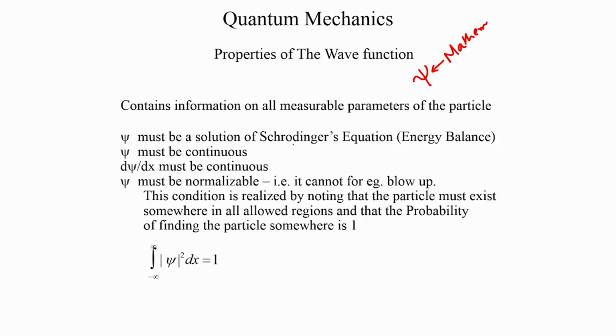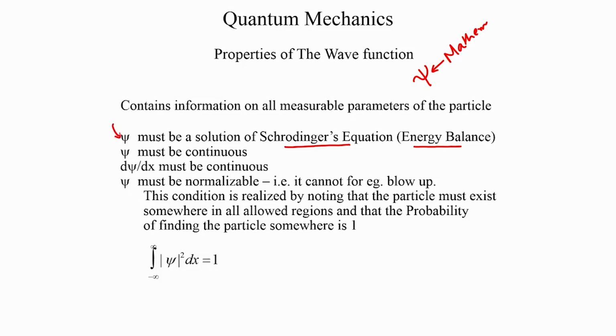The very first rule is that the wave function must be a solution to something called the Schrodinger's equation. The Schrodinger's equation is nothing but an energy balance equation, or an energy conservation equation, which says that the kinetic energy plus the potential energy is equal to the total energy.